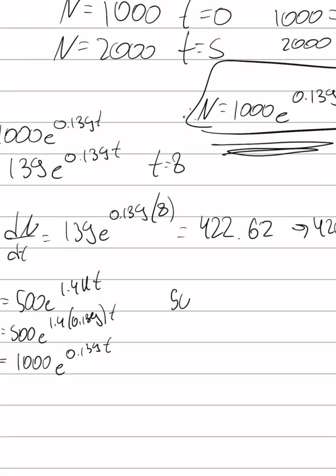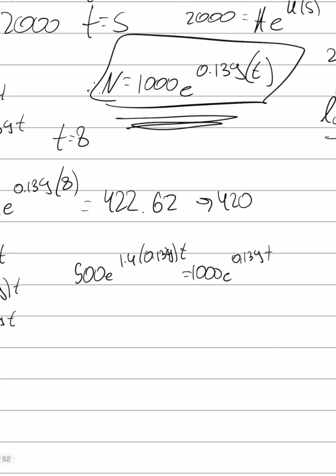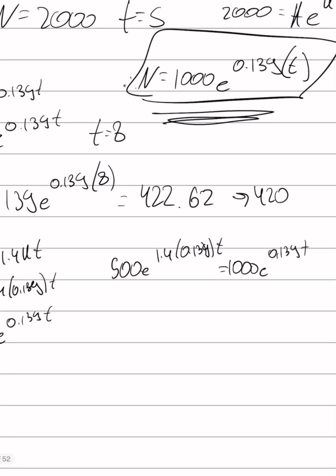Therefore, this equals 1000. Here they're equal to each other. We can divide it by 2 to simplify, which will give us this.